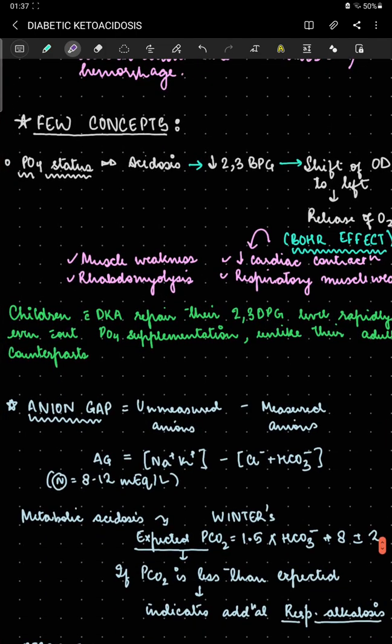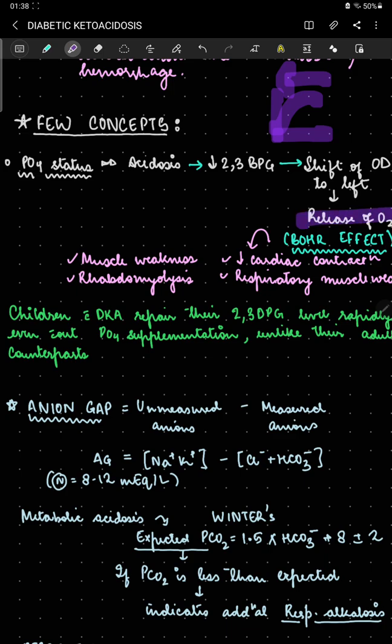Now there are certain concepts that you should know. The first concept comes from the phosphate status. As we all know, in DKA there would be metabolic acidosis. This metabolic acidosis decreases the level of 2,3 BPG in the blood, and a decrease in 2,3 BPG will shift your oxygen dissociation curve to the left, leading to release of O2.